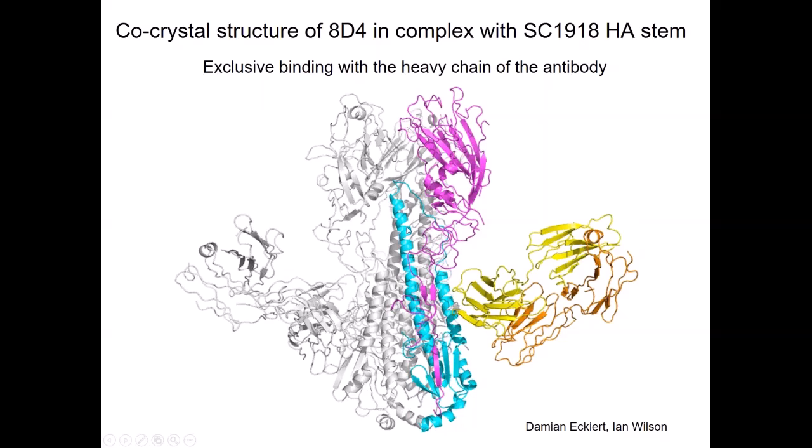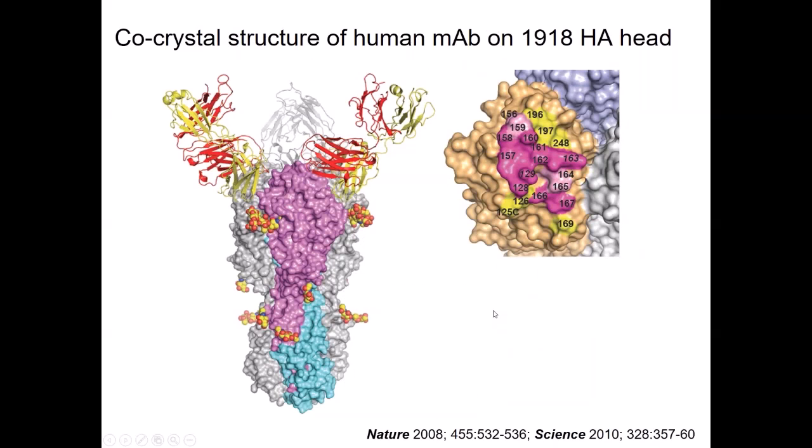This structure is not published yet, but it's from Ian Wilson's group at Scripps, and we isolated this antibody a number of years ago. The more typical antibody that people measure in neutralization or hemagglutination inhibition assays is a receptor binding domain specific antibody.